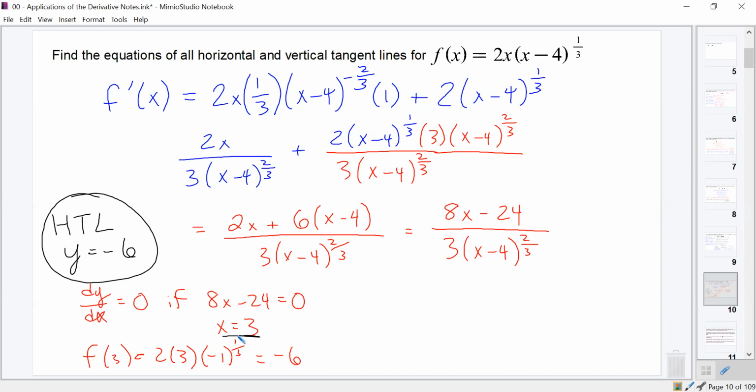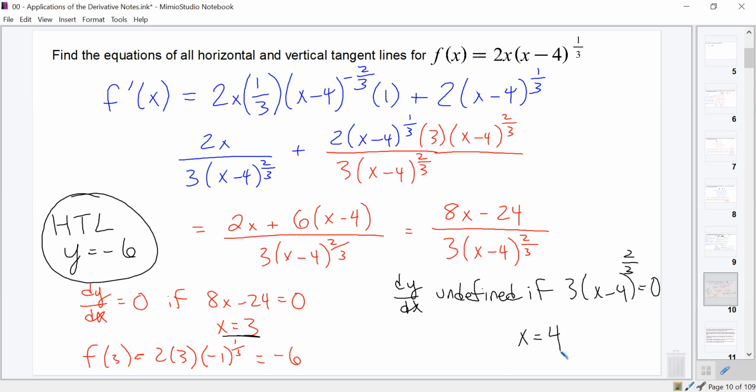To figure out when we have a vertical tangent line, we need to take this fraction and see when it's undefined. Well, a fraction is undefined if its denominator is equal to 0. So we'll say this is undefined if 3 times (x minus 4) to the 2/3 power equals 0. Well, the only way for that to be 0 is if x minus 4 equals 0, which would give us x equals 4.